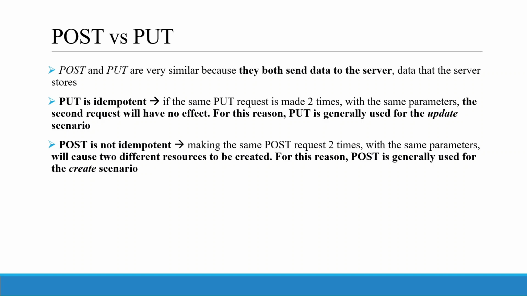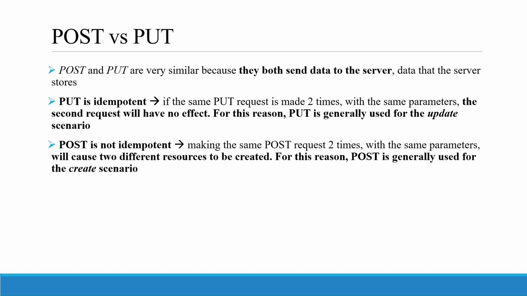Okay, so let's suppose we send a request for updating information about the movie two times with the same information. The first time, the information about the movie will get updated in the database, but the second time, the request will have no effect, okay? For this reason, the method PUT is generally used for the update scenario.